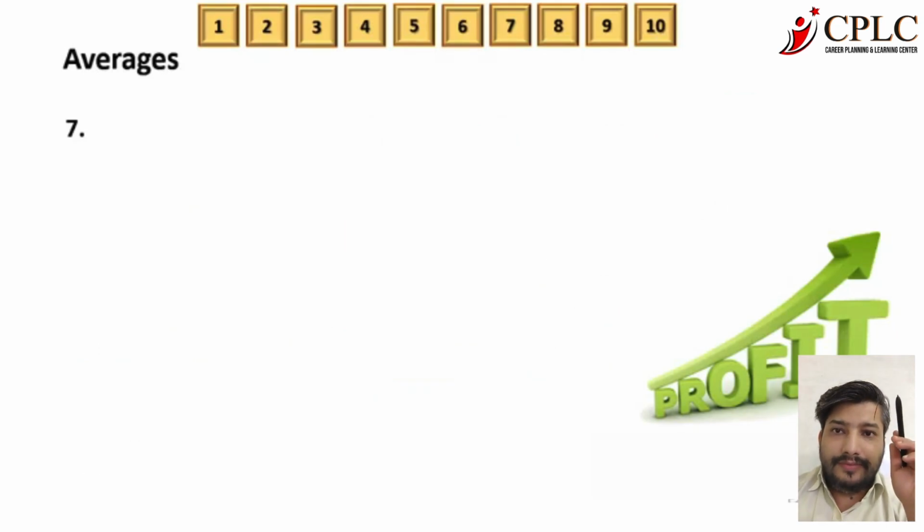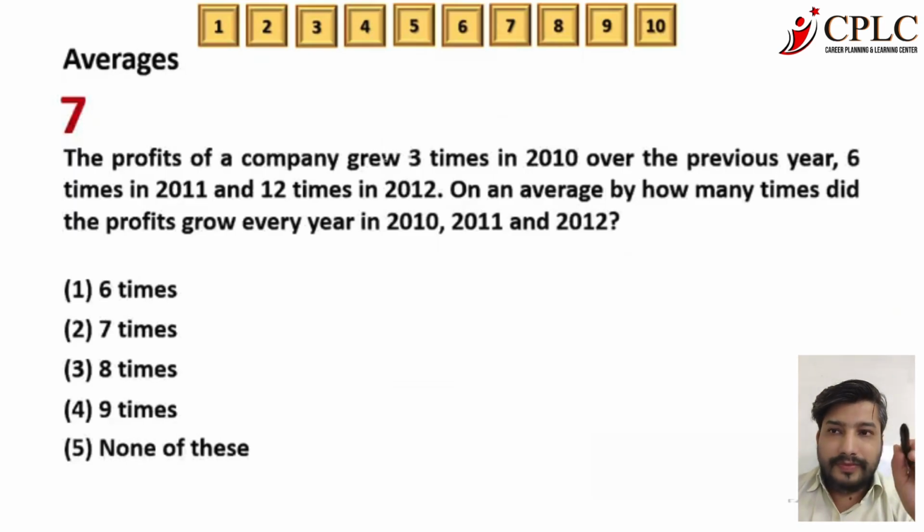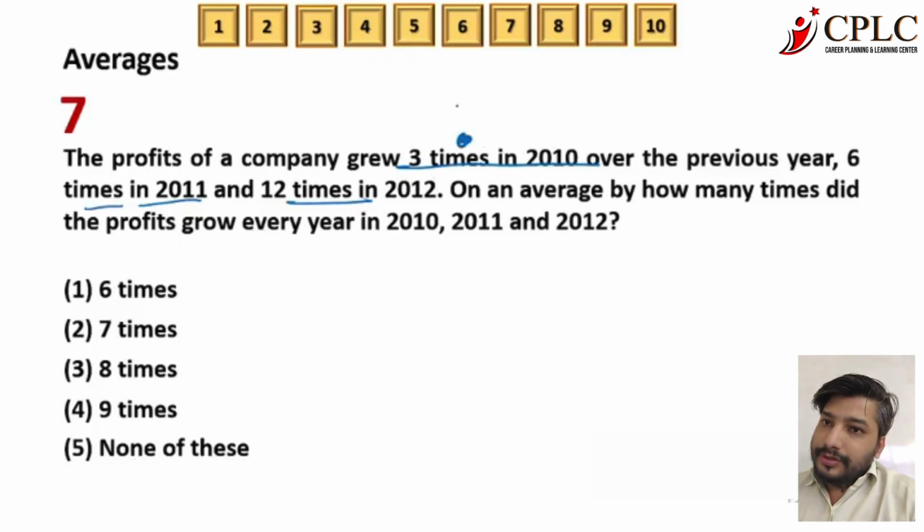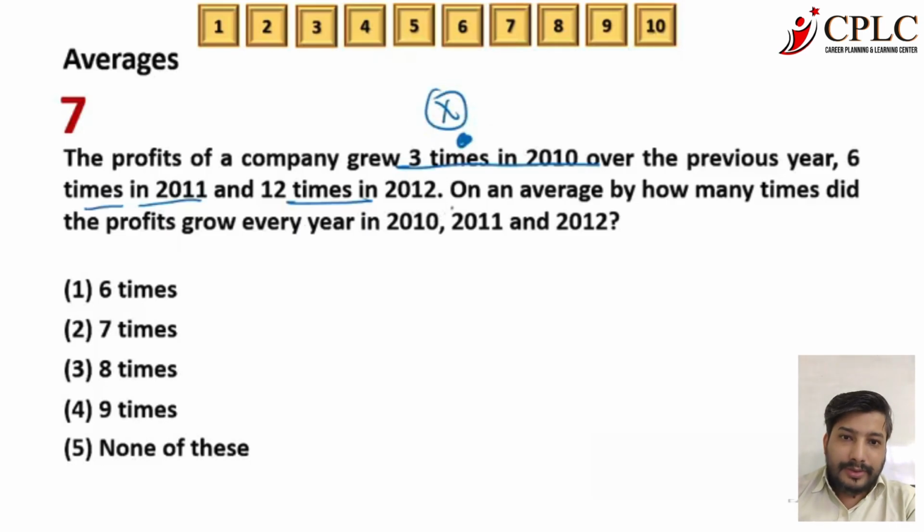If I read that question one more time, it says the profits of the company grew 3 times in this, 6 times in this, 12 times in this, and so on. This simple word times means which operation do you perform? If you have learned this in school, you can easily say times is normally multiplication.